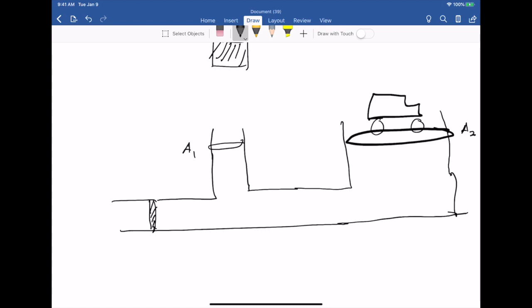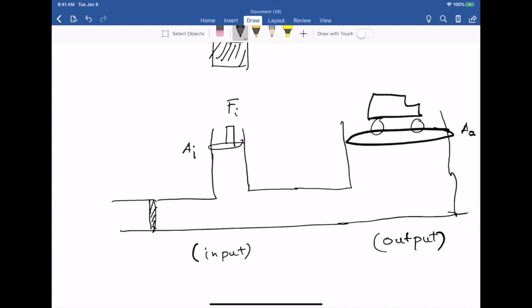Now suppose you push down with a force Fi. I'm just calling this the input side and this the output side, just for convenience. So I should probably call this Ai and A out, AO. Suppose you're applying a force Fi on the piston on the left side, you're pushing down.